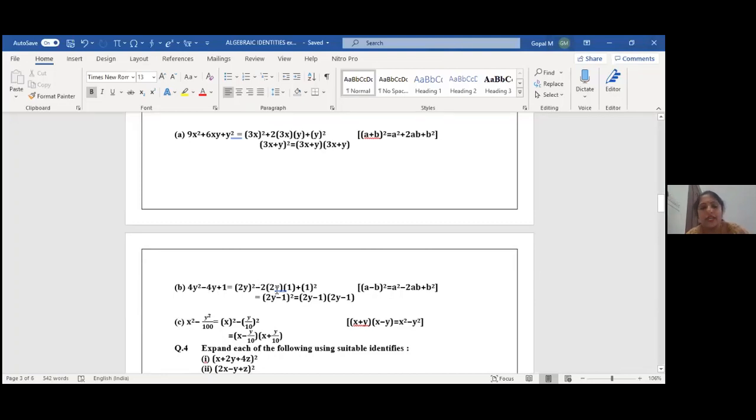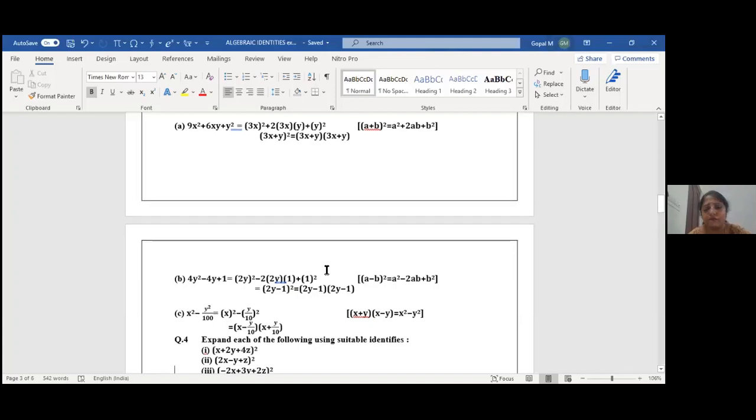Minus 2, a value I'll write 2y, b value I'll write 1. Two 2s are 4y into 1 is 4y. Once I apply a and b values in the middle term, I'm getting exactly minus 4y. So here I can apply a minus b whole square. a value is 2y, b value is 1. So this is nothing but 2y minus 1 whole square. Any doubt in this sum, children?